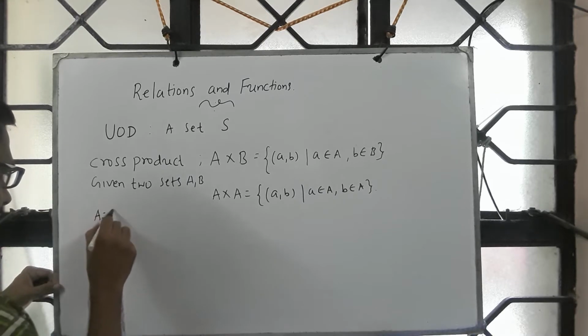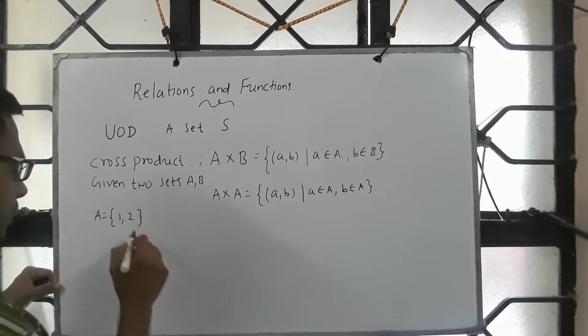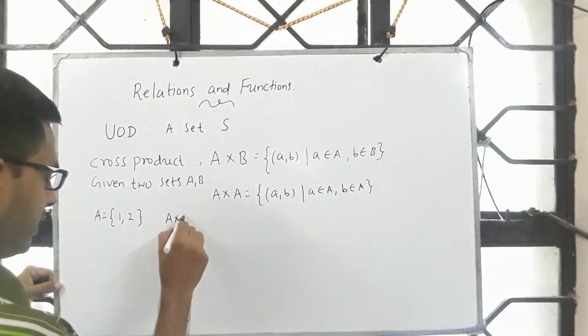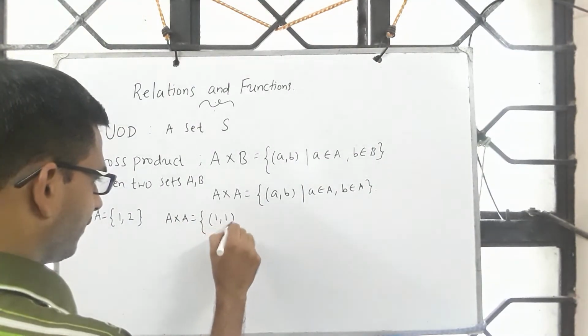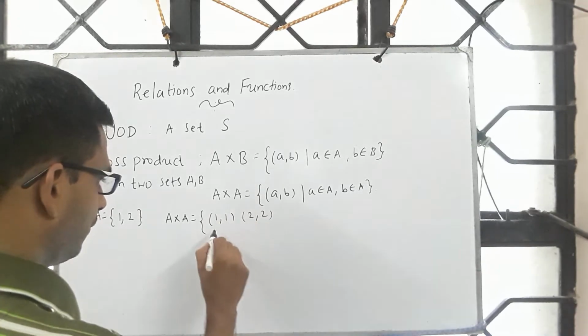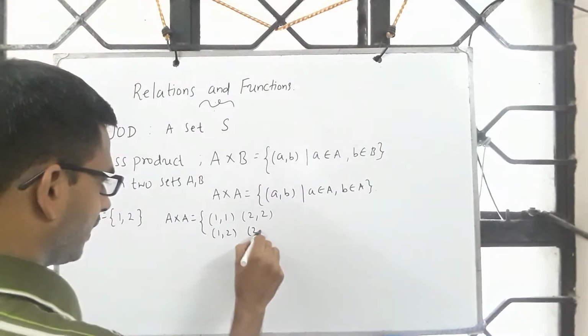Suppose my A is {1, 2}, you can talk about something called A cross A, which is a set of ordered pairs. So I've got (1, 1), (1, 2), (2, 1), and (2, 2).